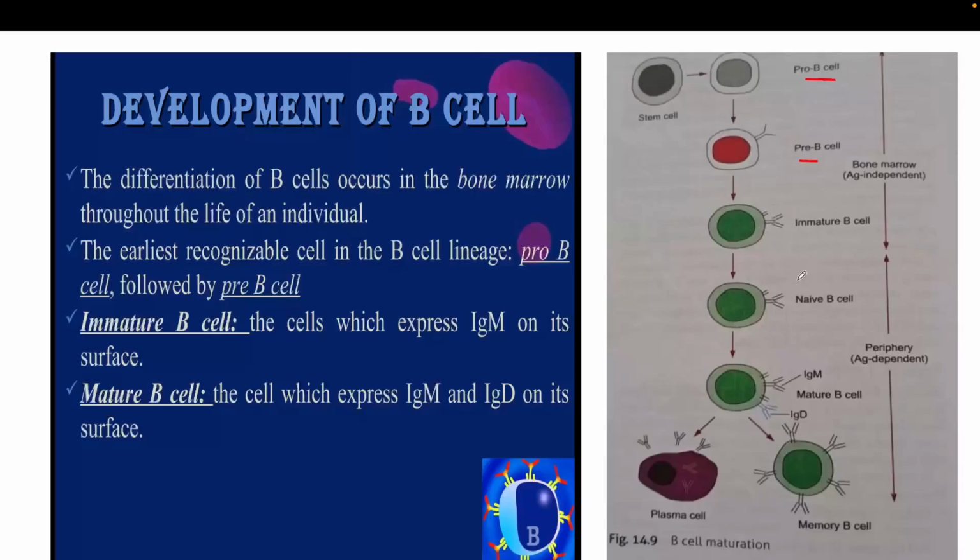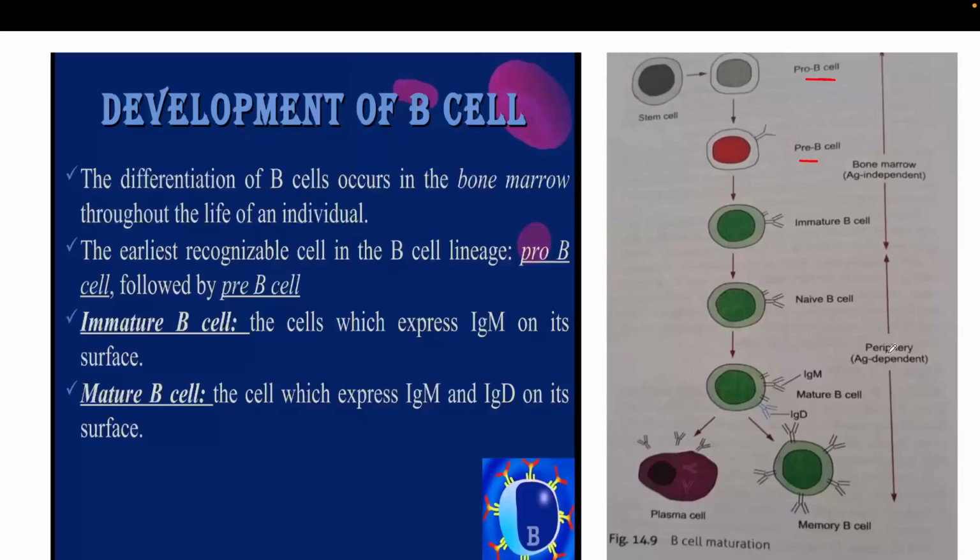And then this is the final mature B cell, or we can say naive B cell, because the B cell has still not encountered the antigen. That's why it is called the naive B cell or the mature B cell. Finally, when IgD also is expressed on the surface of the B cell, it is called the mature B cell.